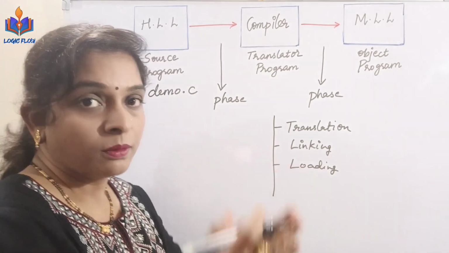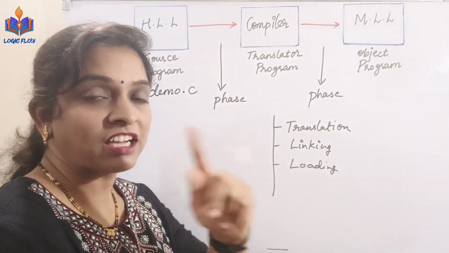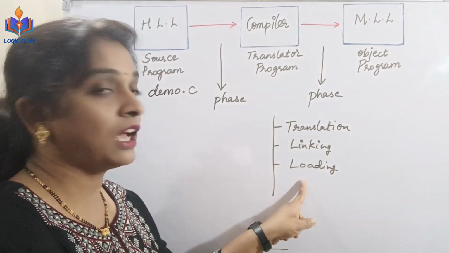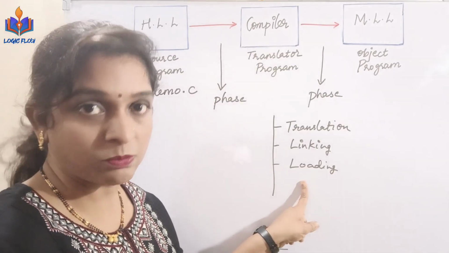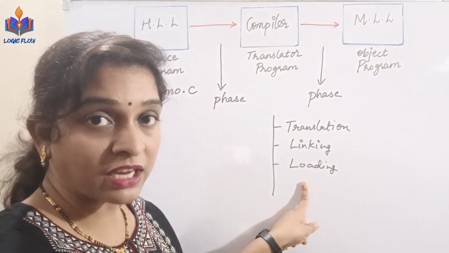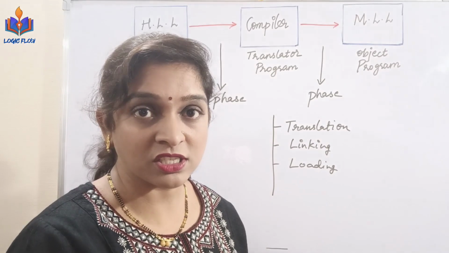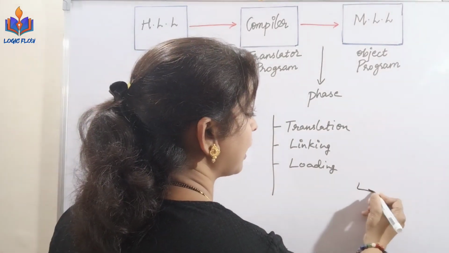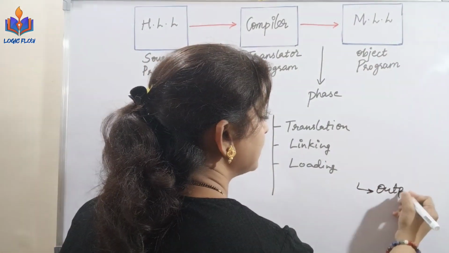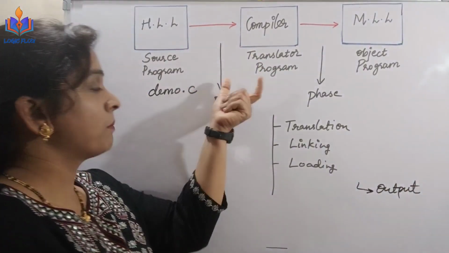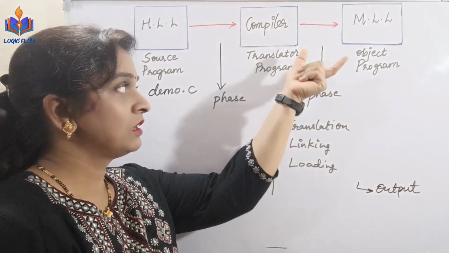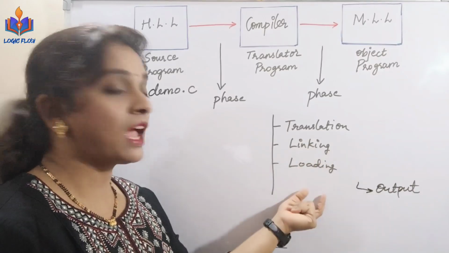I need to link all those object files and make it one file. Then I have to load that to the main memory, that is RAM, because I need to give it to the processor for processing. Then I'll get the output. So these are the stages: compilation, then translation, linking and loading.